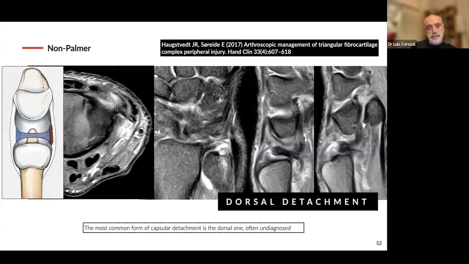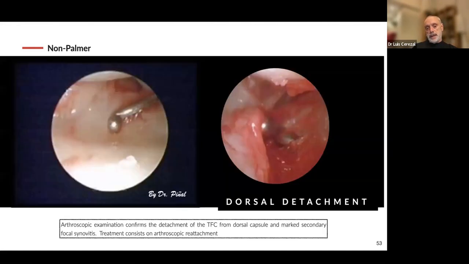this fantastic paper. And we see on axial focal synovitis, dorsal. On the coronal image we can see the capsular tear, but it is especially well shown on these consecutive sagittal images: the normal central TFC, the normal volar and dorsal radioulnar ligaments, but the dorsal radioulnar ligament detached from the dorsal capsule.